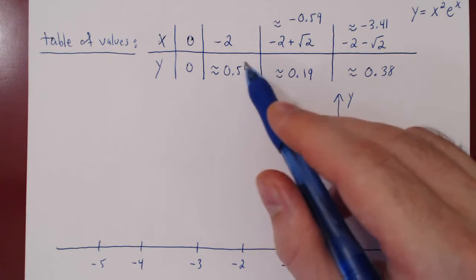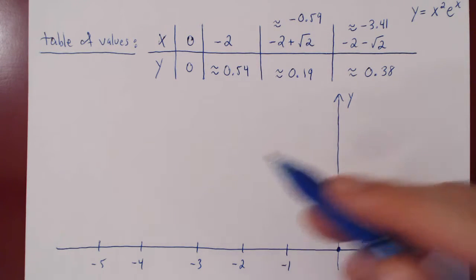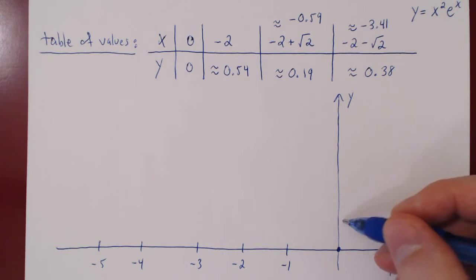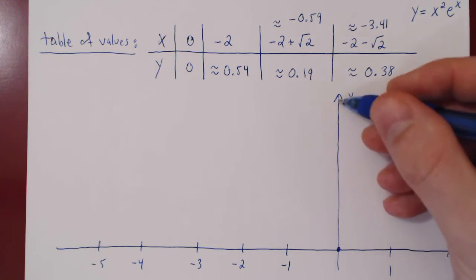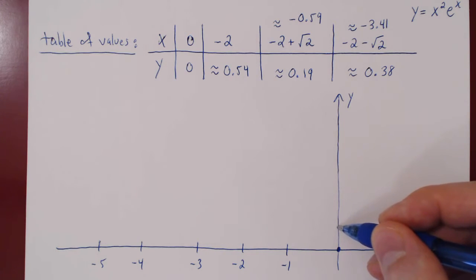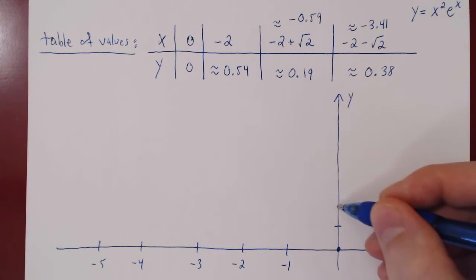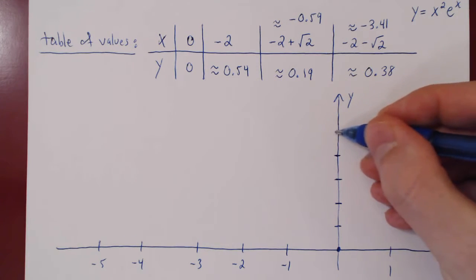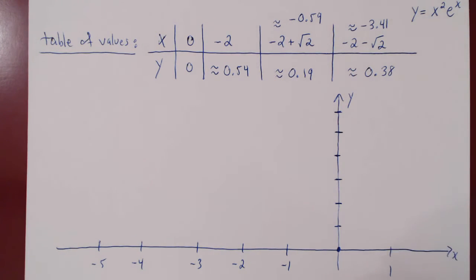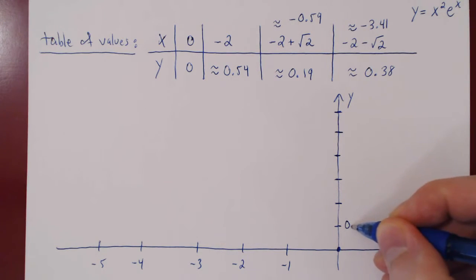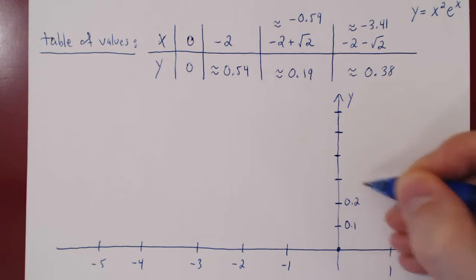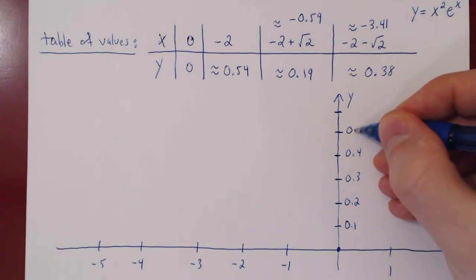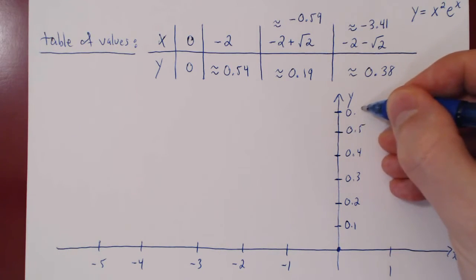We go up to about 0.54, so let's go in slices of 0.1. So 0.1, 0.2, 0.3, 0.4, 0.5, and 0.6.